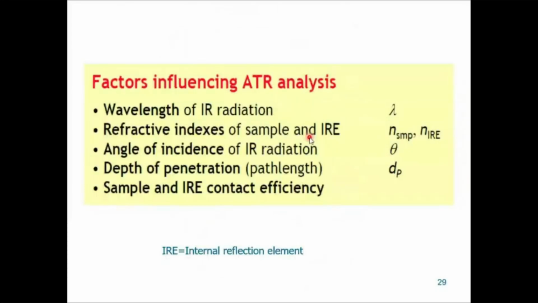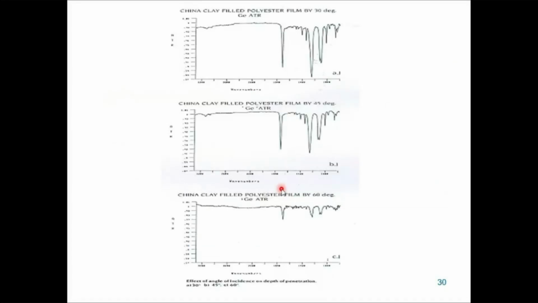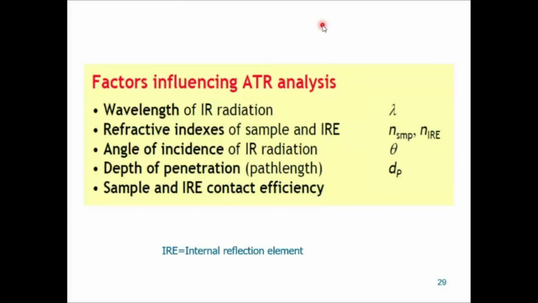What are the factors influencing ATR analysis? Wavelength, refractive index of the sample and the element, angle of incidence of IR radiation, depth of penetration, and the sample and element contact efficiency. Now, this particular diagram shows the difference of the angle of incident IR radiation.